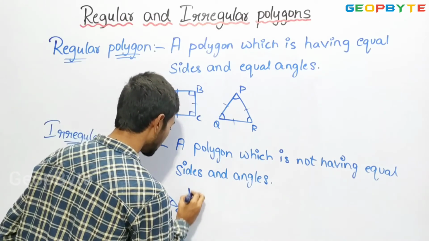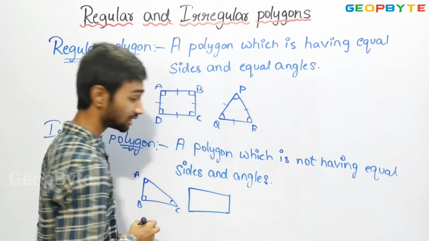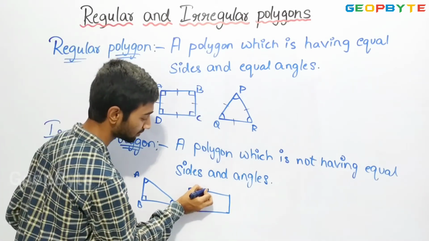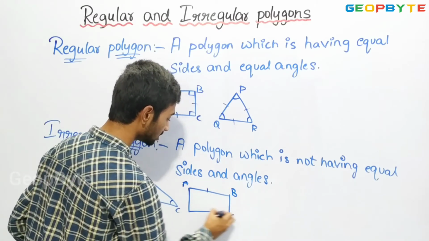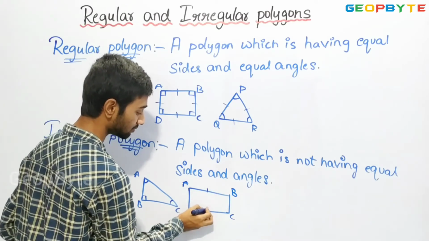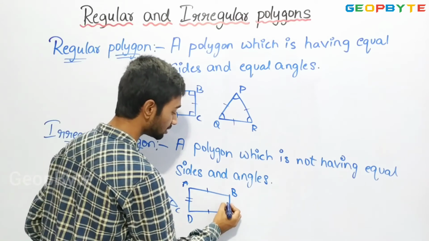Also rectangle. In the rectangle, opposite sides are equal. A, B, C, D. Here AB is equal to DC and AD is equal to BC.